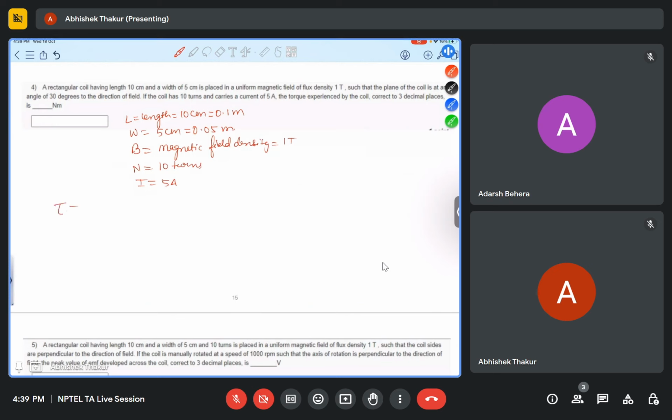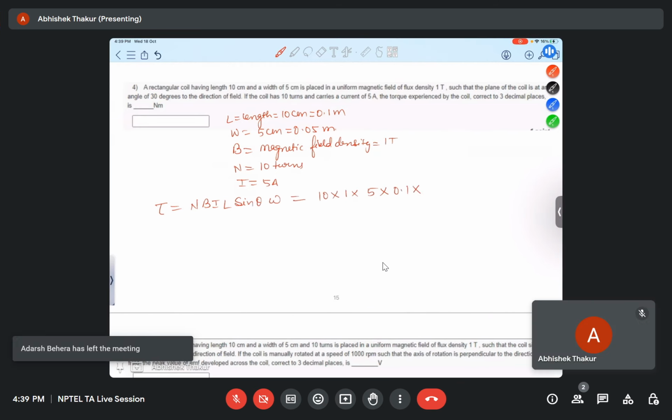The formula of torque as taught in the lecture is N B I cross dL, that will be I L sine theta times W, the width. Here all these parameters are given: 10 into 1, I is 5, L is 0.1, theta is the angle of 30 degrees to the direction of field, so theta is 30 degrees.